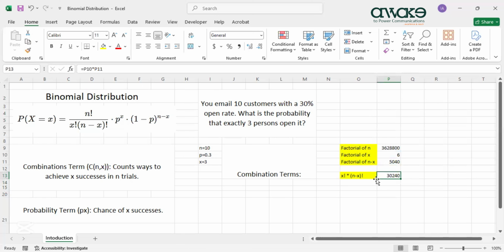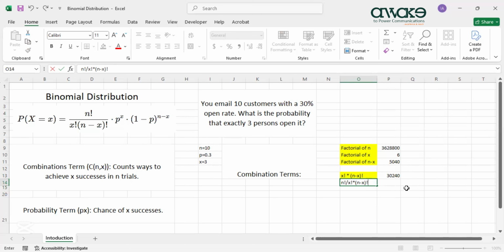Then we can create another label to say N factorial divided by X factorial multiplied by N minus X factorial.